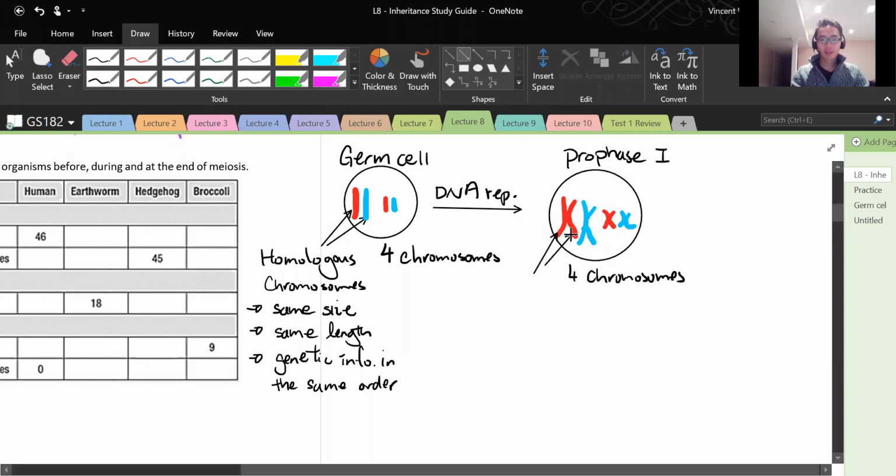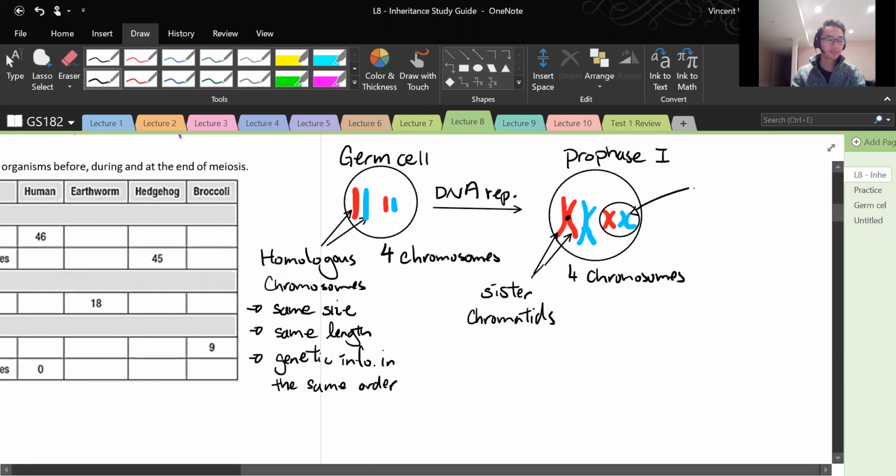label some of these things. Okay, so these 2 things that are stuck together at the centromere, right? Those are sister chromatids. Okay. And what do we call this whole thing here? What do we call this whole set? The 4 of them all together.